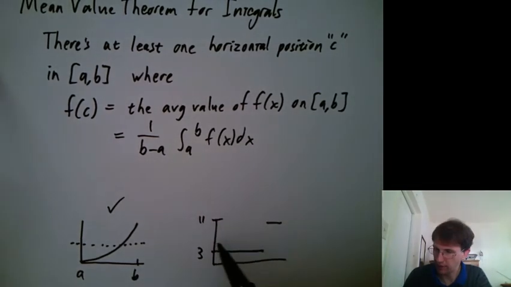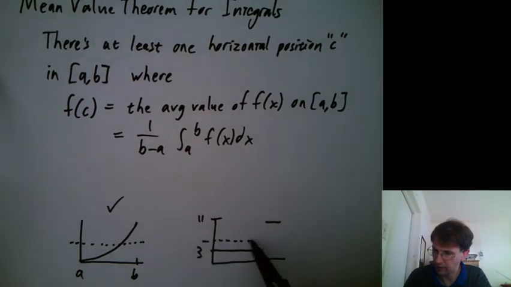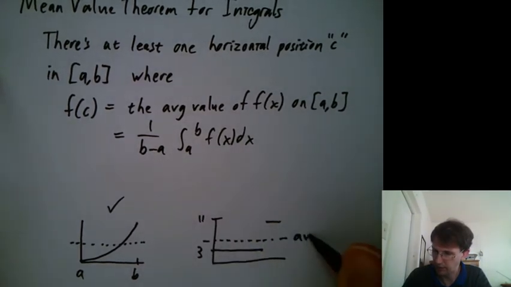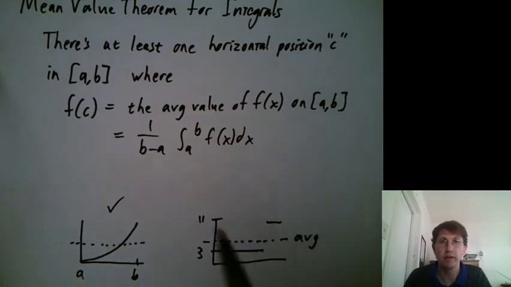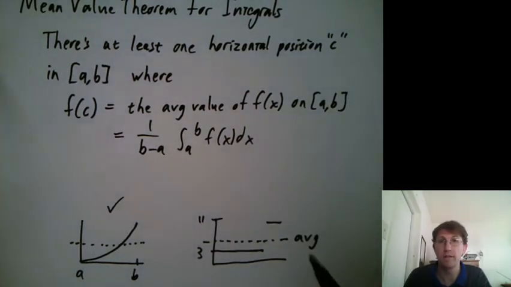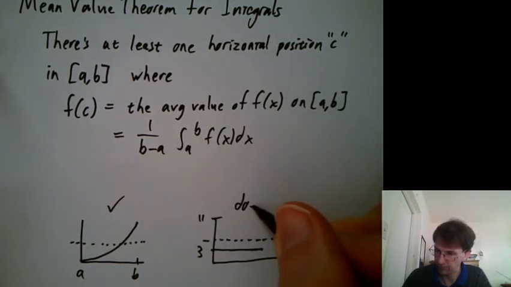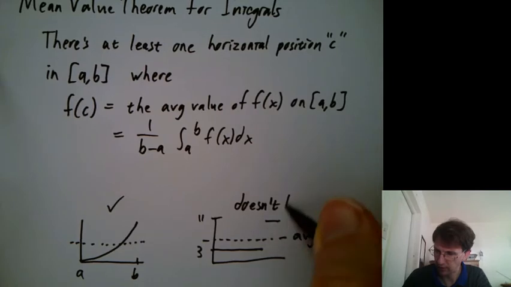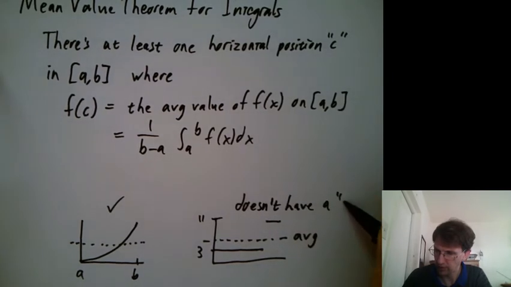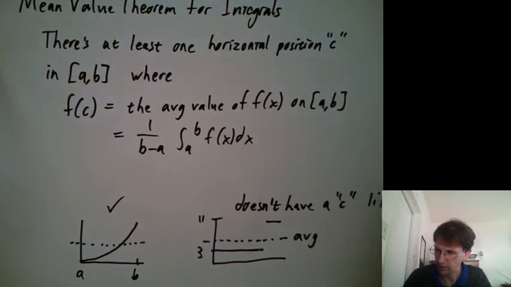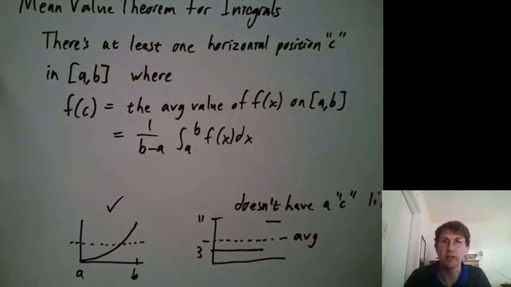What's the average value there? It was something like that. But that doesn't intersect our function, does it? So that function doesn't work for this mean value theorem. So this doesn't have a c like what we just said there.